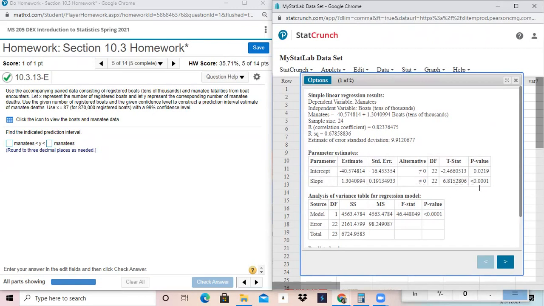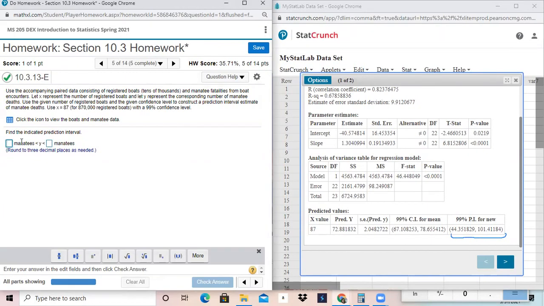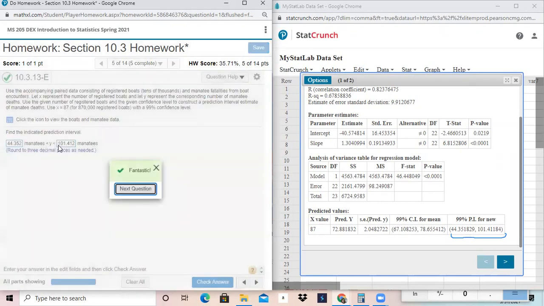The t-stat and p-value for the slope are going to be the same as the t-stat and p-value for R. Our prediction interval for X equal to 87 at 99% is right here. So our lower prediction level is going to be 44.352, 3 decimal places. Our upper is going to be 101.412. Fantastic.